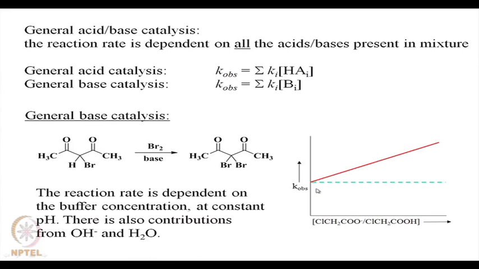So, this part is accounting for this line, that is, there are also contributions from OH minus and water. Thus, for general acid base catalysis, the rate of reaction depends on the buffer concentration as well, which is evident from this plot. So, this part is from this last sentence, that is, there are also contributions from OH minus and H2O.